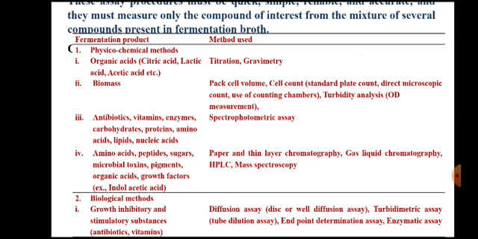For amino acids, peptides, sugars, microbial toxins, pigments, organic acids, and growth factors such as indole acetic acid or vitamin B12, the common techniques are paper and thin layer chromatography, gas liquid chromatography, high performance liquid chromatography, that is HPLC, and mass spectroscopy.